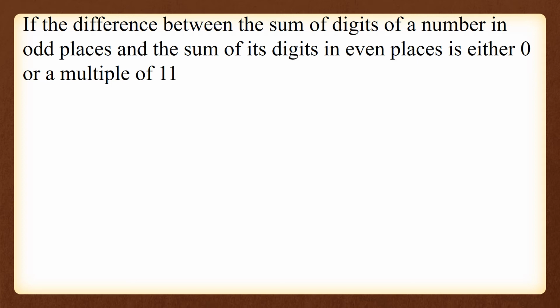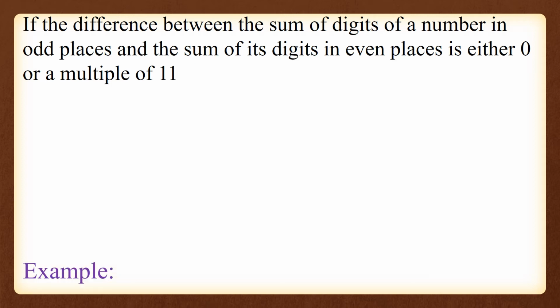So to find out whether the number is divisible by 11, first we have to find the sum of digits of number in odd places and sum of its digits in even places, and then we have to find out the difference between the sum, and then if the result is 0 or multiple of 11, then the number is divisible by 11.